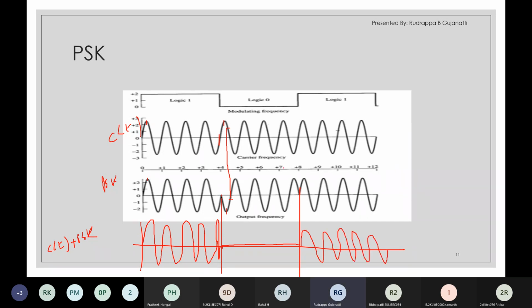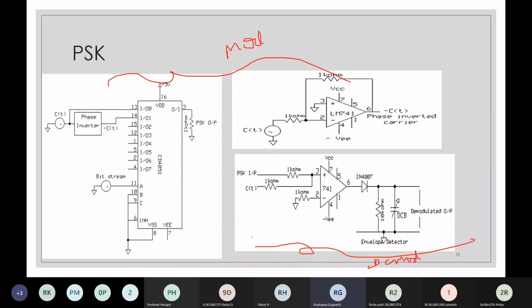So what we are doing is we are adding carrier signal and the PSK signal so that we suppress one of the parts, and using the other part we try to identify what is the data. So that is what we are performing in this part. So here what we are doing is we are taking the PSK signal what we have generated and adding it with the carrier signal.